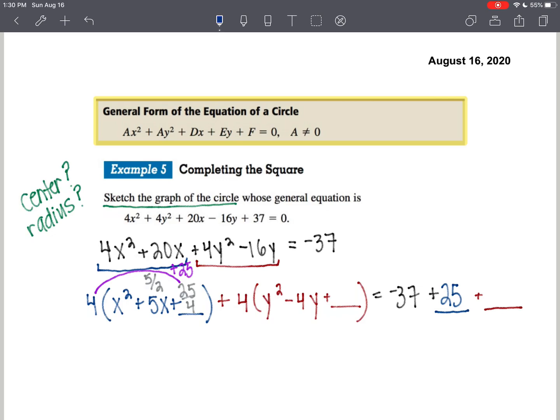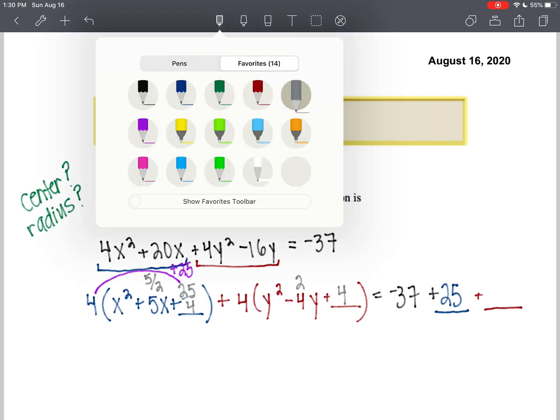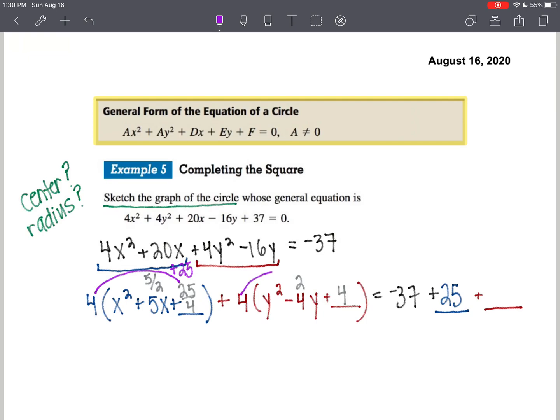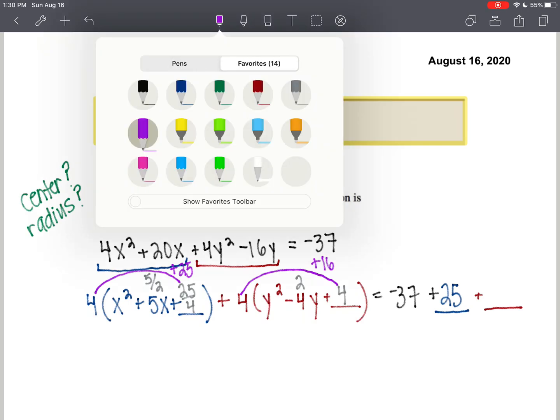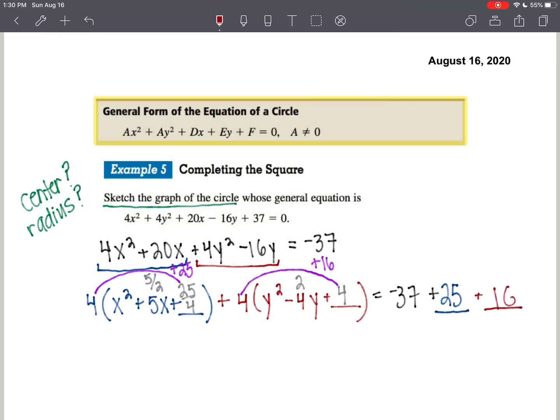Okay, next we are going to take half of the linear term, square it. 2 squared is 4. Then we're going to use our distributive property. What did we really do? We added 16. So I'm going to add 16 on the opposite side of the equation.